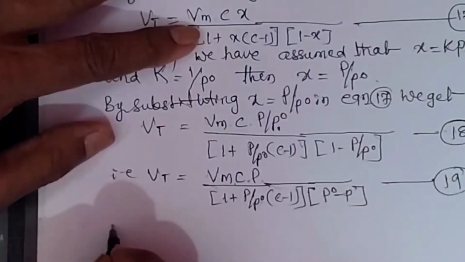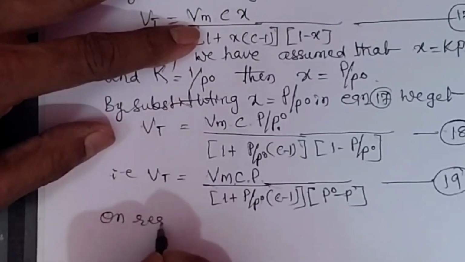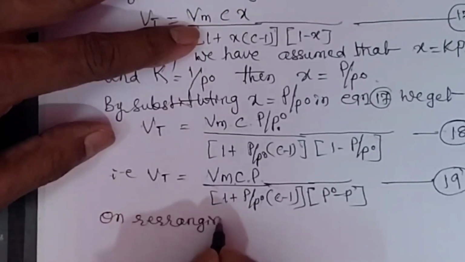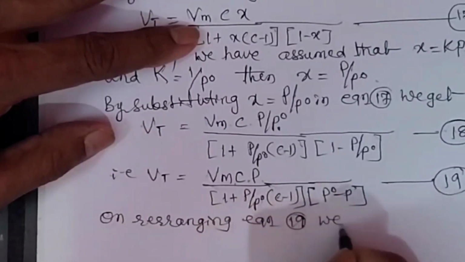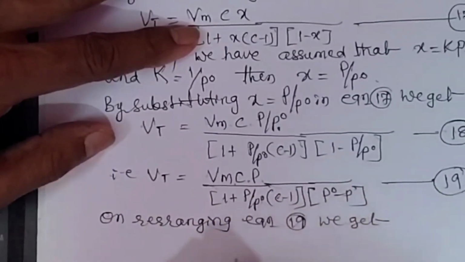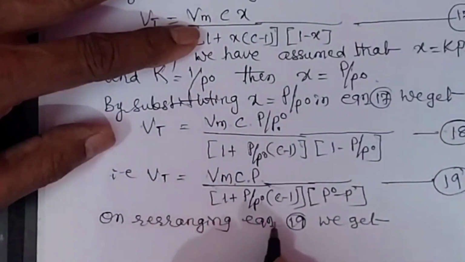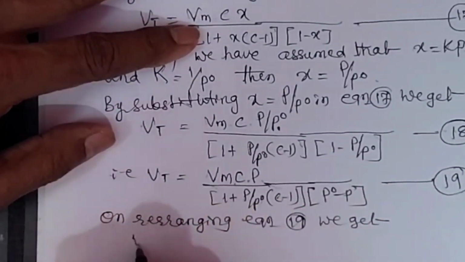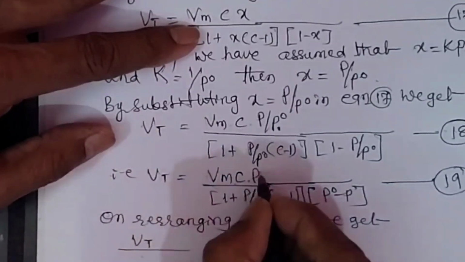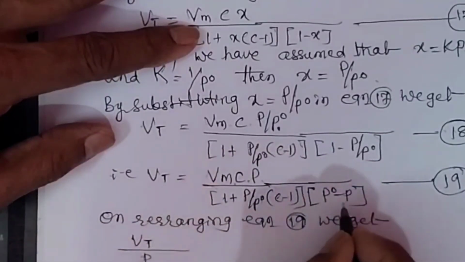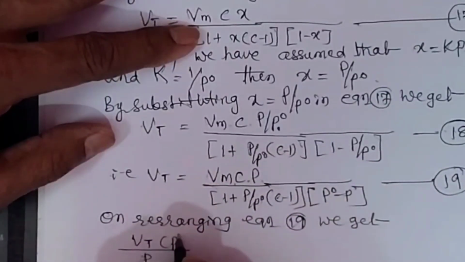That is, on rearranging equation 19, we get Vt as it is divided by P. You take this P in the denominator and you take this P naught minus P in the numerator.